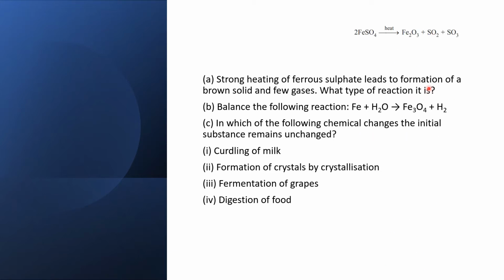Let's see the chemical reaction. Here 2FeSO4, when we provide heat, decomposes to form Fe2O3, sulfur dioxide, and sulfur trioxide. Clear? One more thing you can see from the chemical reaction: in FeSO4, the oxidation state of Fe is +2.